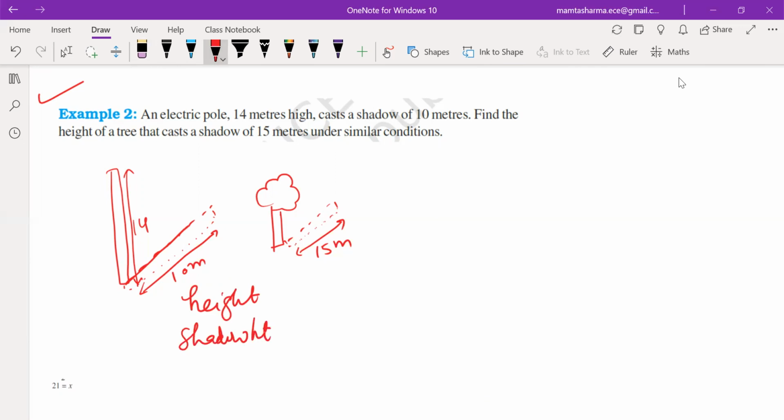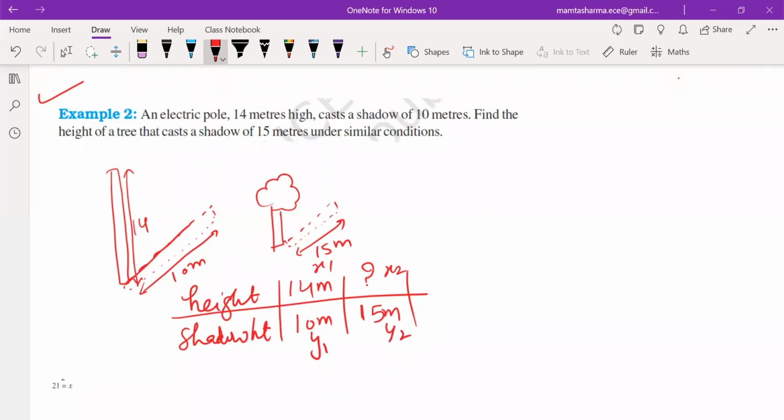Now you can make this table so that there will be no more confusion. So for 14-meter height, the shadow height is 10 meter. Find the height of the tree that casts a shadow of 15 meter. Let's say this is X1, this is Y1, this is X2, this is Y2.